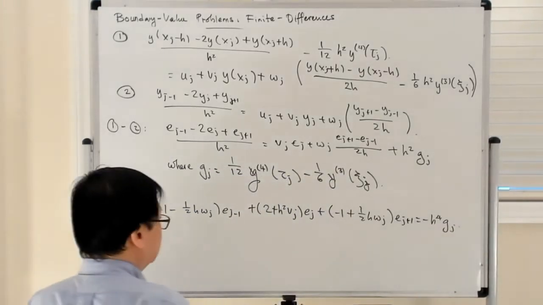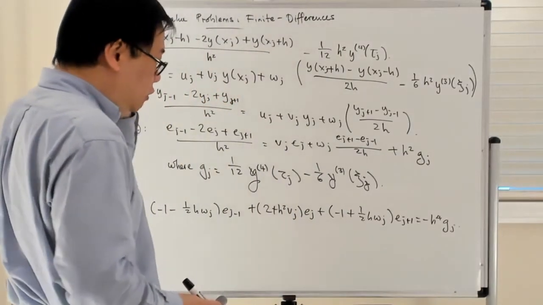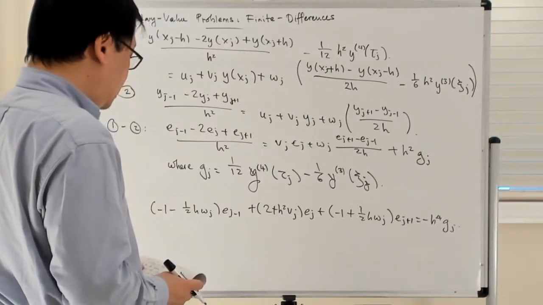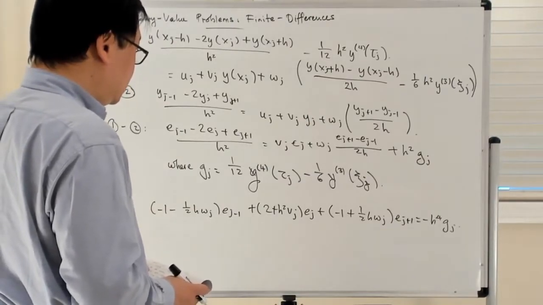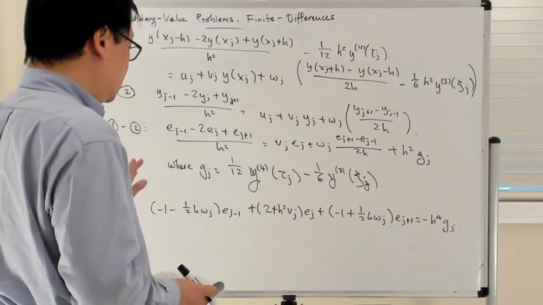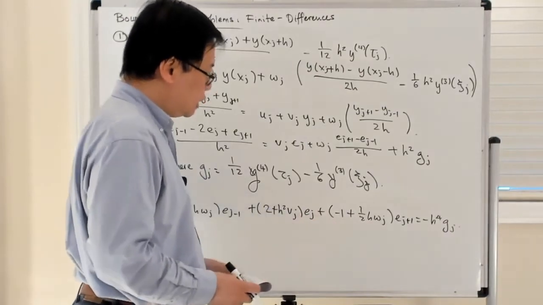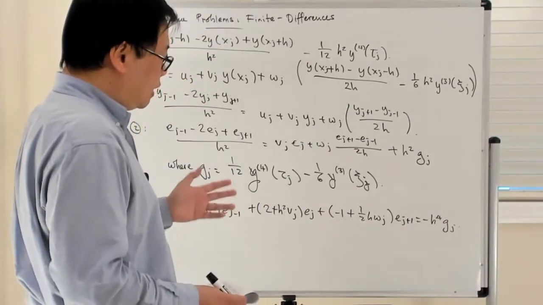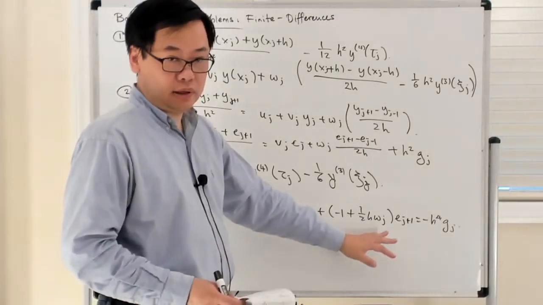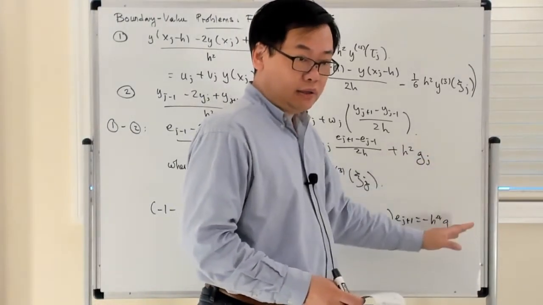Okay, so you can see where this is heading. Basically the error terms satisfy a linear system of equations where the coefficient matrix is the same as the one you had before, but the right-hand side is different.